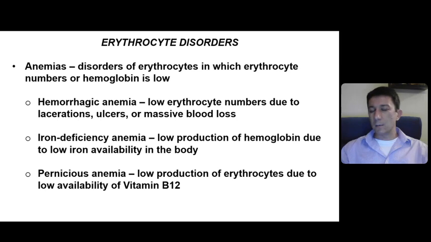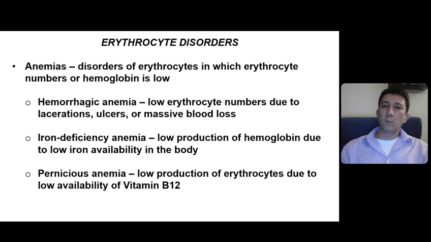Iron deficiency anemia is also fairly common, and it results in the low production of hemoglobin because iron is required to produce hemoglobin, because it's iron that helps to carry oxygen. And we also have pernicious anemia, which is a vitamin deficiency anemia. We get low production of erythrocytes due to low availability of vitamin B12.